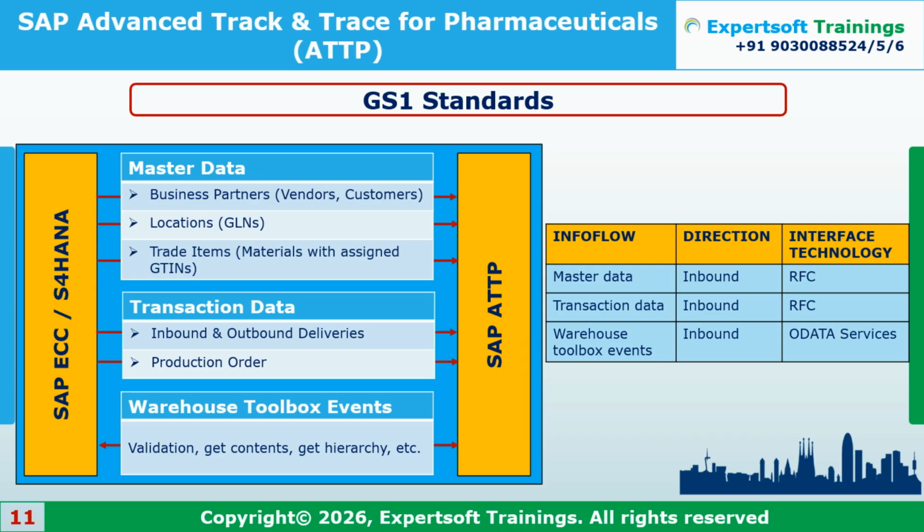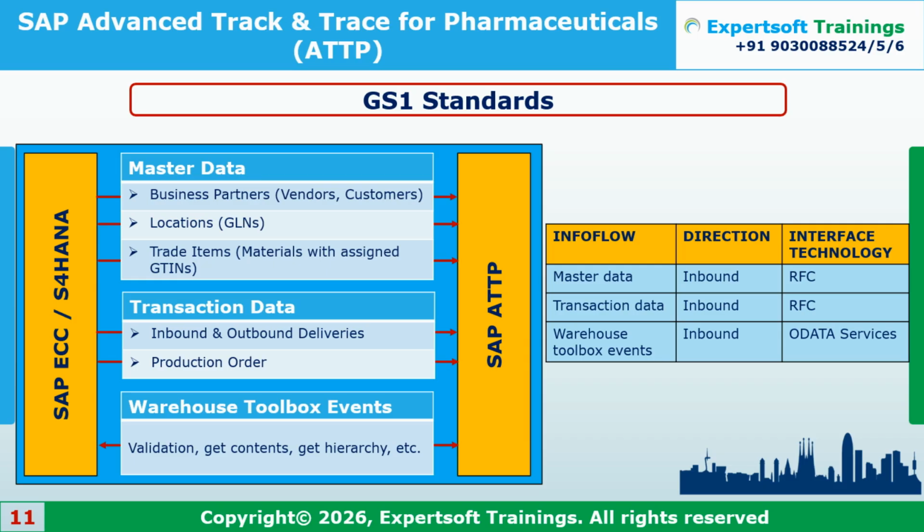And for the inbound and outbound deliveries, we have a certain format of sending the data with certain tags, let's say lot tag, expiration date tag, sender information, receiver GLN. Those communications between inbound and outbound deliveries or the production order, every communication should happen in terms of GS1 standards, so that ATTP will easily decode the information it has received in the file and read it into database tables.